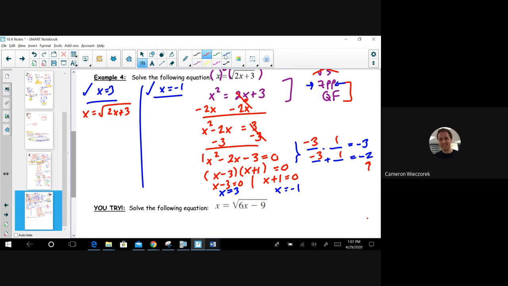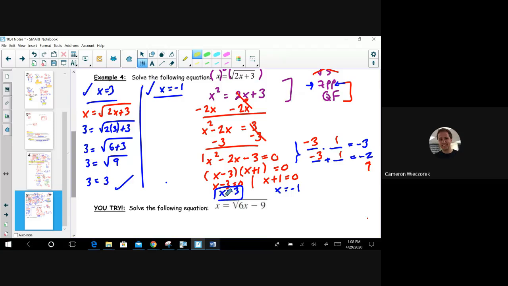So I'm going to plug 3 in for x. 3 equals the square root of 2 times 3 plus 3. 3 equals the square root of 6 plus 3. Just keep simplifying the right side. Square root of 9 is 3. 3 equals 3. True statement. Means this is an answer, not extraneous. It worked in the original.